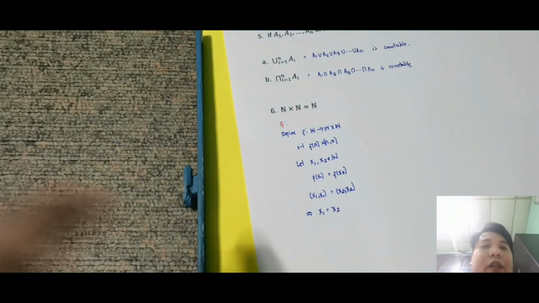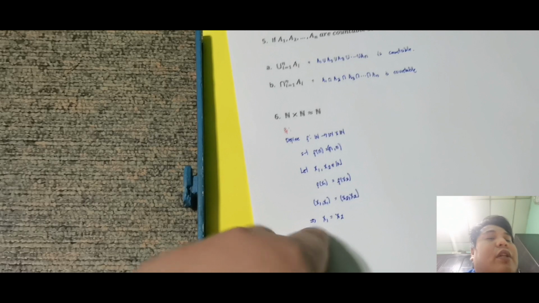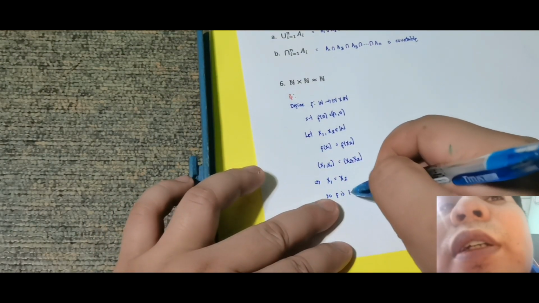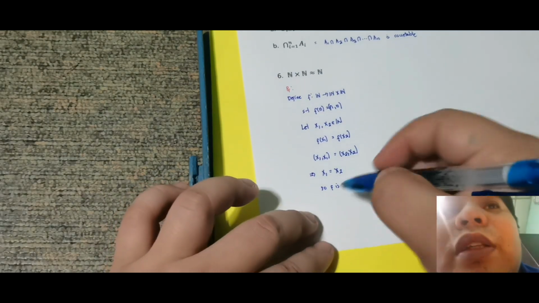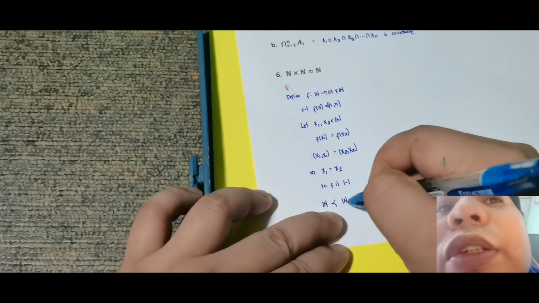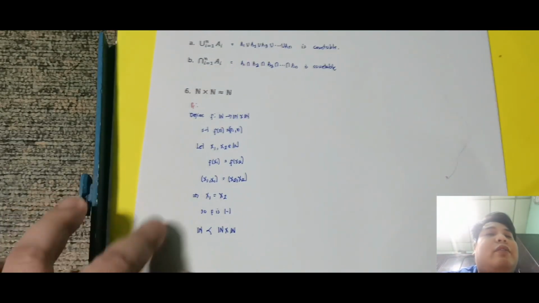Kasi ganun mangyari. Coordinate nito equal sa coordinate nun, second coordinate equal sa second coordinate, which is 1 to 1. So, f is 1 to 1. Since f is 1 to 1, we can say that N is strictly less than natural number cross natural number. Okay, so hindi pa tayo tapos.